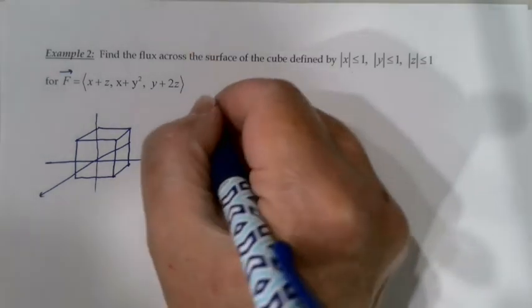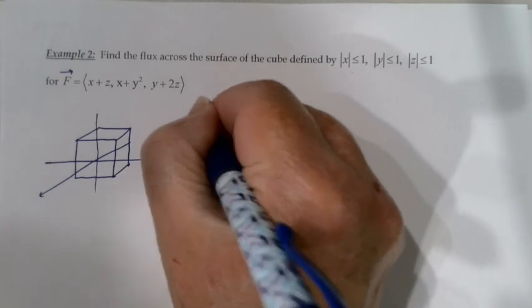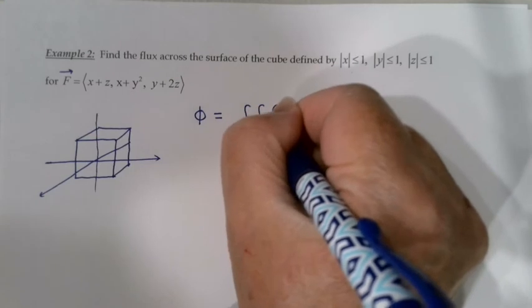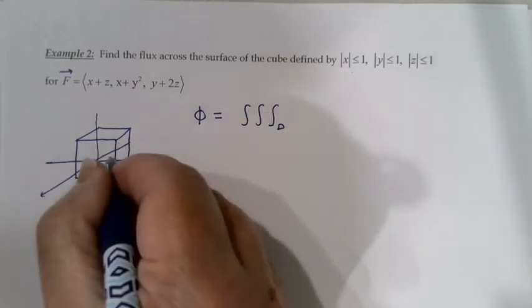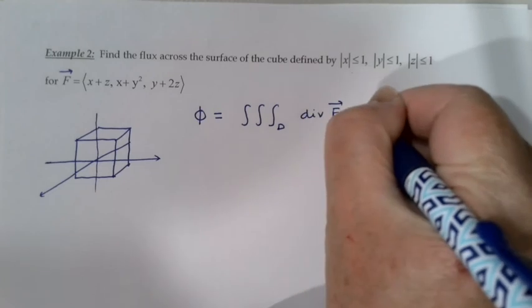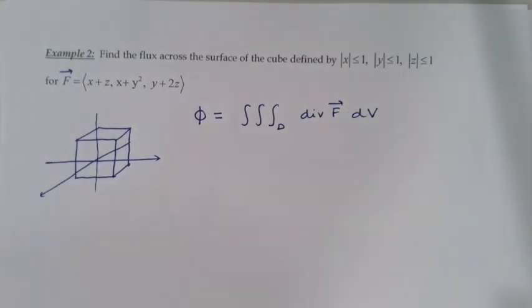So let's go ahead, and just a reminder to ourselves, the flux here is the triple integral over this solid D, this cube, of the divergence of F dV.